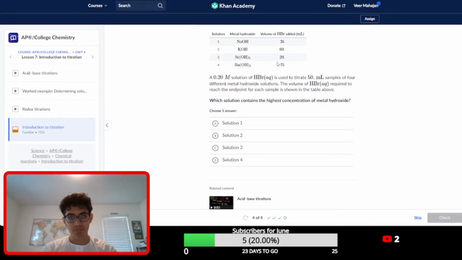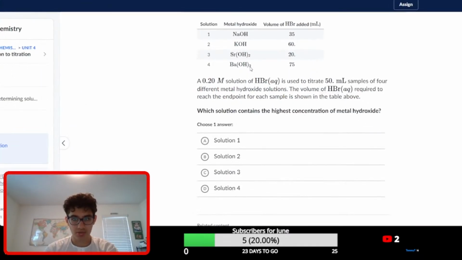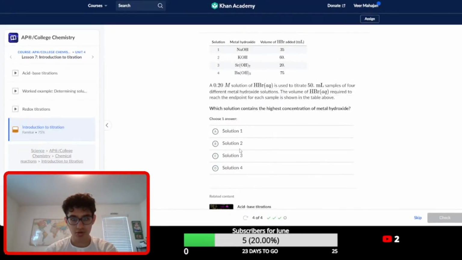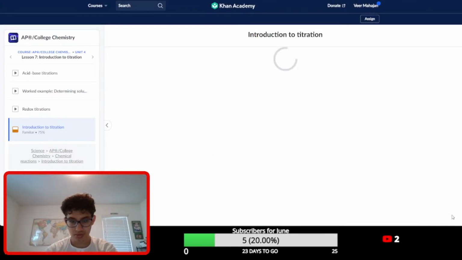So for the highest concentration, since they've all got the same volumes, we just want to find the highest molarity of metal hydroxide, right? I want to make them all integers. I want to divide by 2. I'll multiply these by 2. This becomes 70, this becomes 120. So it's KOH, and therefore solution 2.